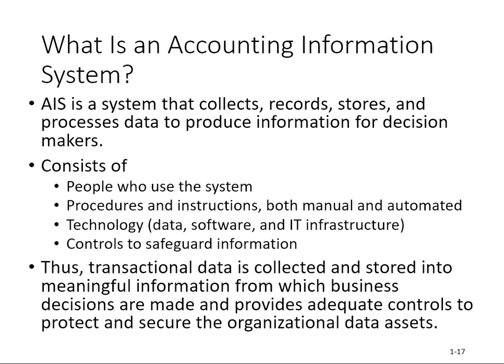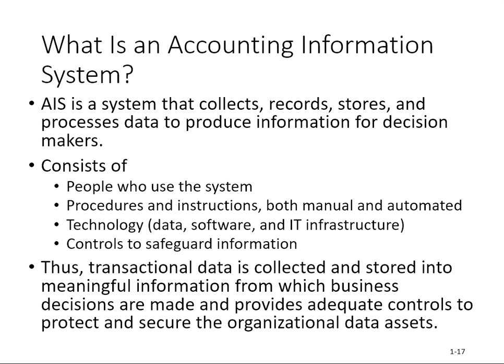Now, we'll talk about what an accounting information system is. An accounting information system is a system that collects, records, stores, and processes data to produce information for decision makers. It consists of people, procedures, and instructions, both manual or automated.